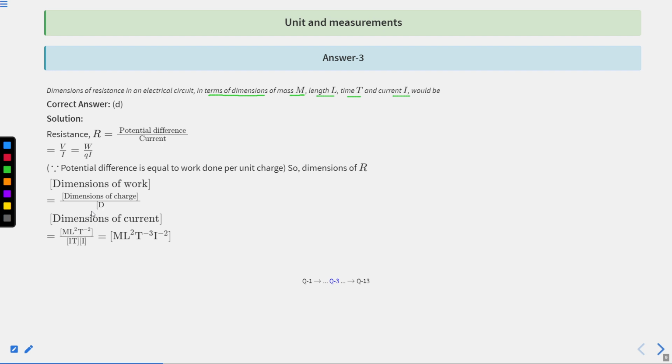Clear? So this is the dimension of the work done and the dimension of the charge. So this is the correct option, D.